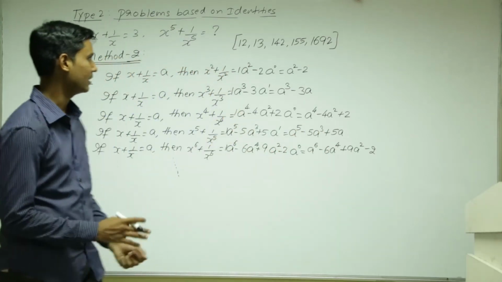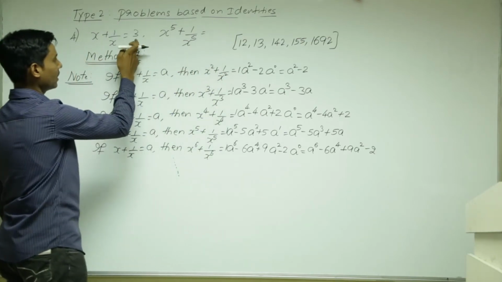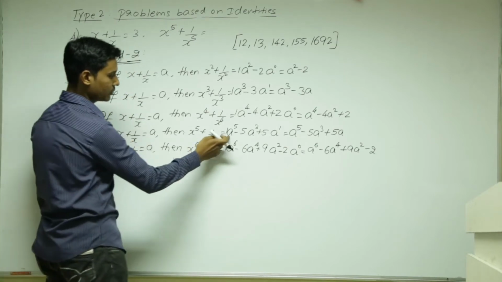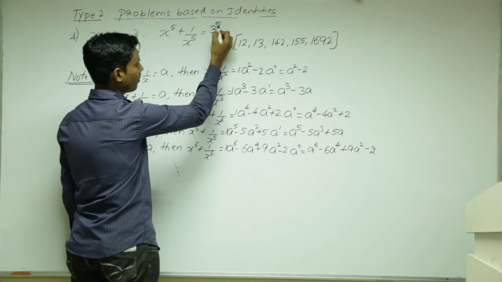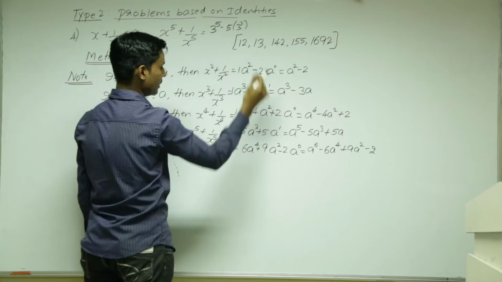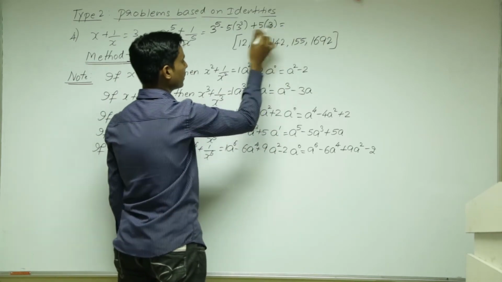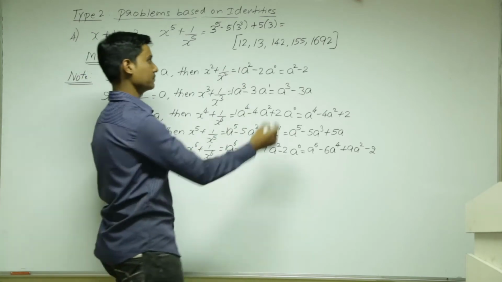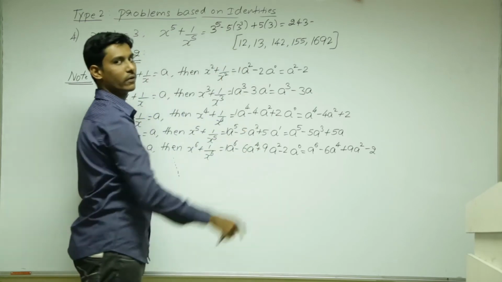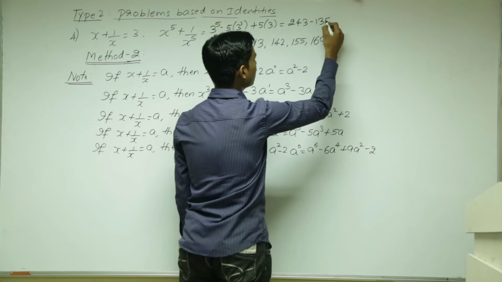Clear with the approach? Now see here. I want to find x power 5 plus 1 by x power 5 value. In this example a value is 3. Substitute here. It becomes 3 power 5 minus 5 into 3 power 3 plus 5 into 3. 3 power 5 is 243, minus 27 into 5, which is 135, plus 15.